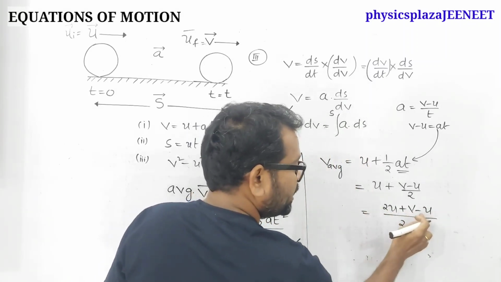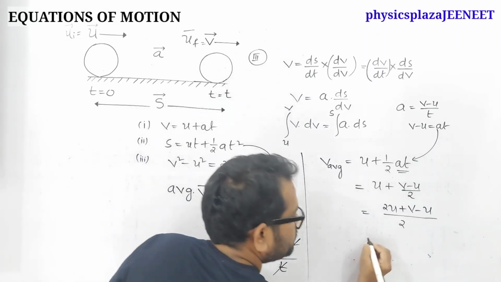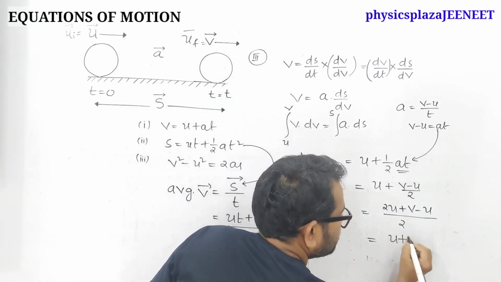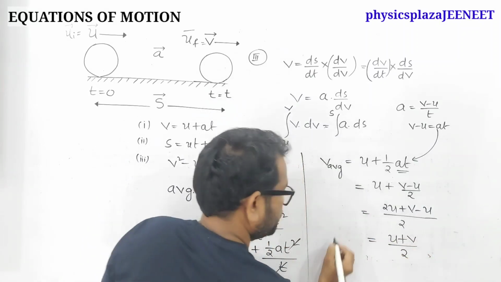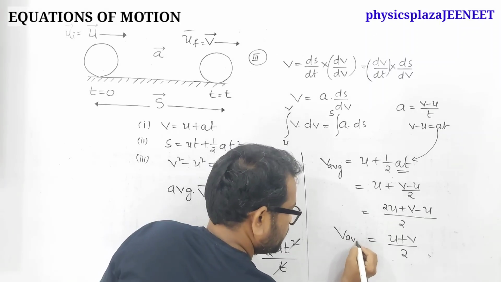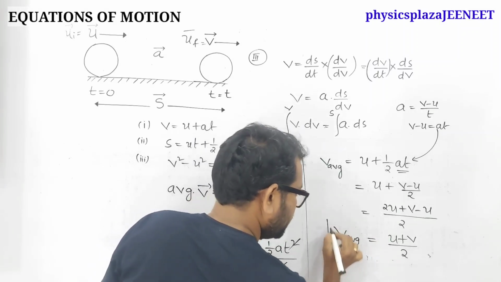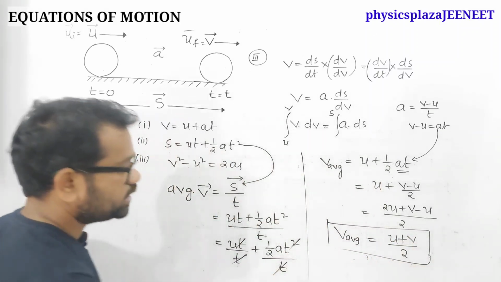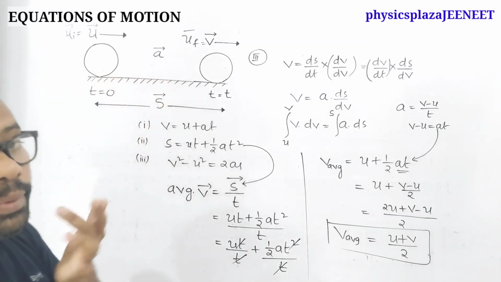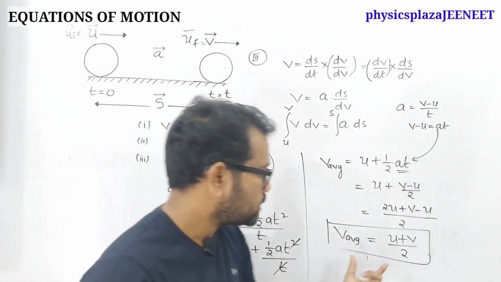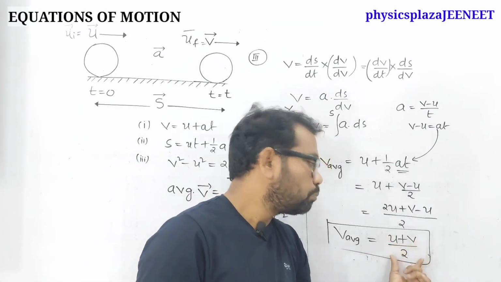Here 2u minus u will become plus u, right? So this will be (u plus v) by 2. This formula is used only when a body is moving with a uniform acceleration. Then only we can say it is the sum of the initial and final velocity by 2.